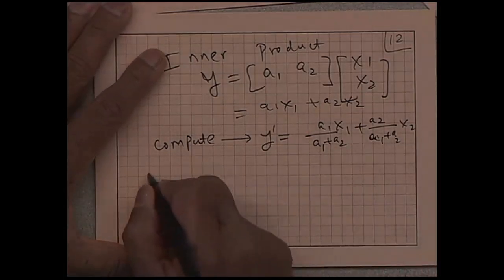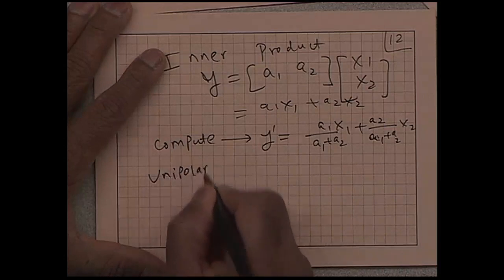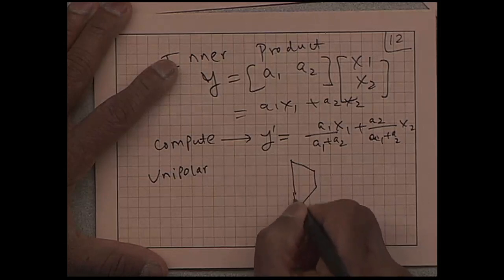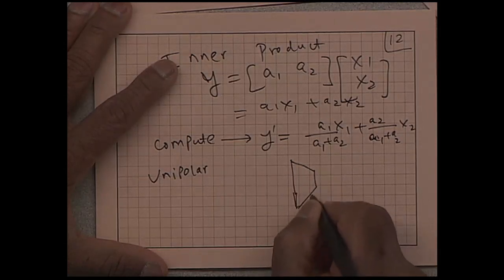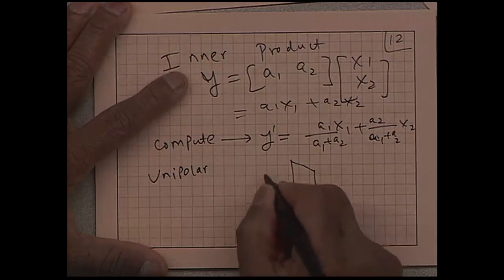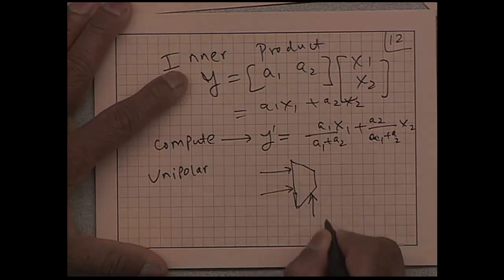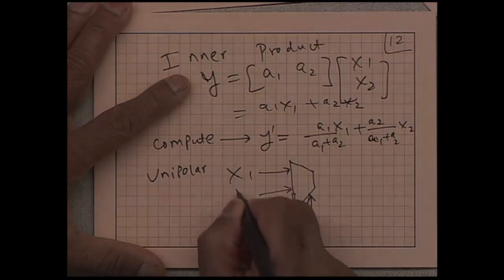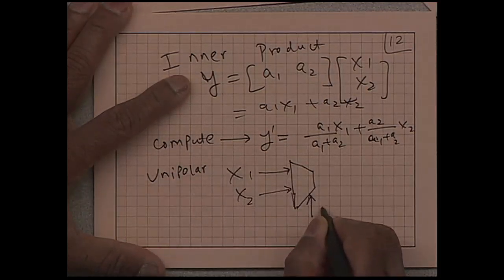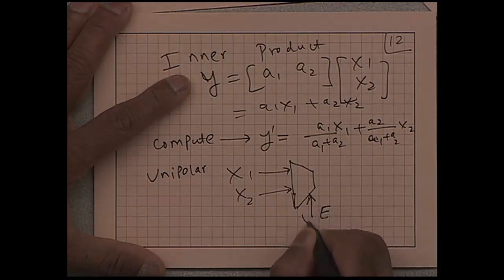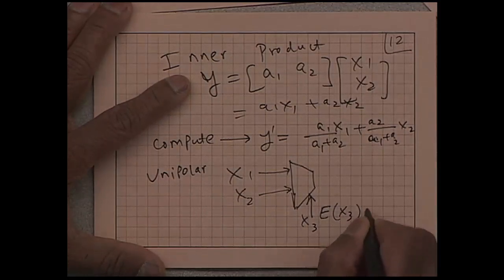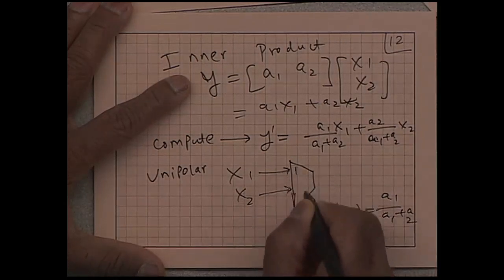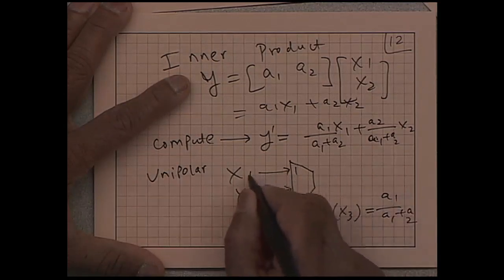And the way we can compute in unipolar, so if I want to compute the inner product in unipolar, let's see what I can do. I can take a multiplexer and then have a control signal. The inputs are X1, X2, and I set the control signal X3 such that expected value of X3 is equal to A1 by A1 plus A2, and then if X3 is 1, then we select X1.